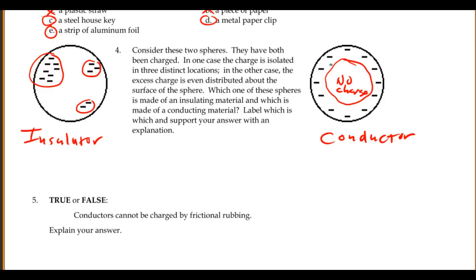That makes a metal car a very safe place to be in a lightning storm, because the lightning, even if it should strike your car, would not go inside to where you would be located. So keep that in mind. Again, insulators can build up charge in specific places. Conductors, the charge will always spread out on the surface.